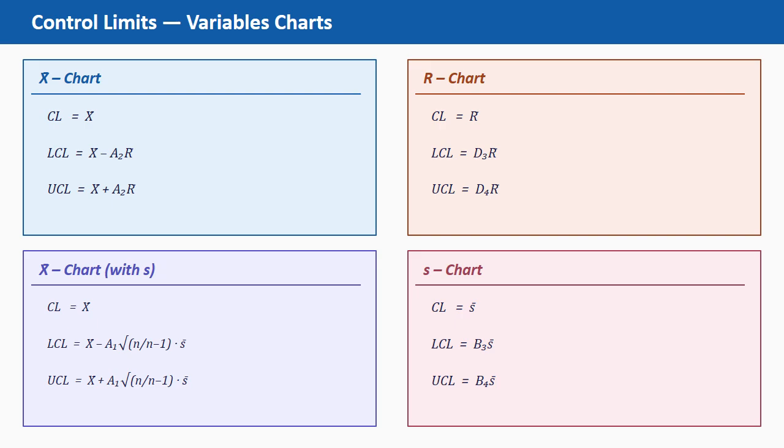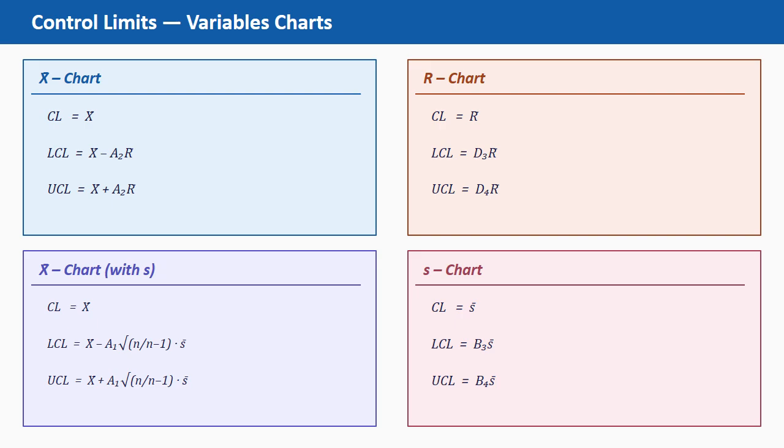The central line, or CL, represents the average, and similarly the upper control limit is denoted as UCL and the lower control limit as LCL. So these limits define the acceptable range of variation in the process. For the X bar chart, the central line is the overall average of the sample means. The upper and the lower limits are calculated using constants and average range. And for the R chart, the central line is the average range and the limits are calculated using constants such as D3 and D4.